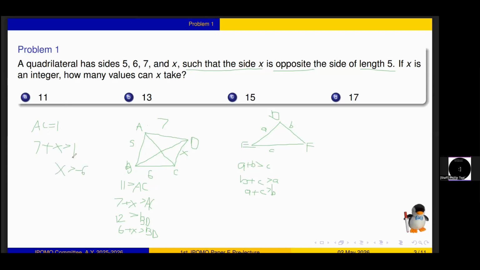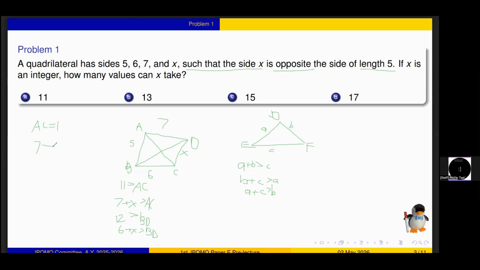That doesn't tell us a lot, but it shows that if AC is less than or equal to 7, then x only needs to be positive. It can take on values from one or greater.